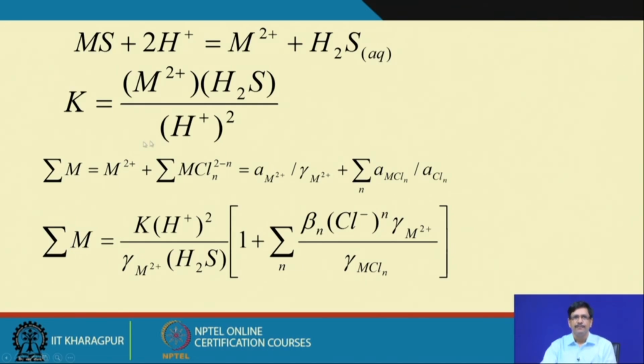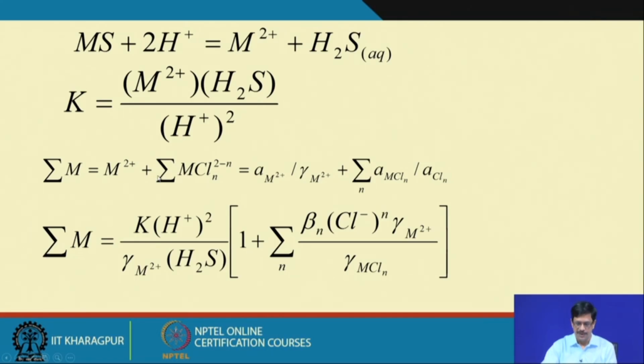Now, here, since the equilibrium constant through this reaction is coming out in the form of the H2S gas partial pressure, we can replace M2 plus from this equation as the equilibrium constant into the hydrogen ion concentration square divided by the fugacity of H2S, and this gives us an expression. So, this is the total concentration of the metal.